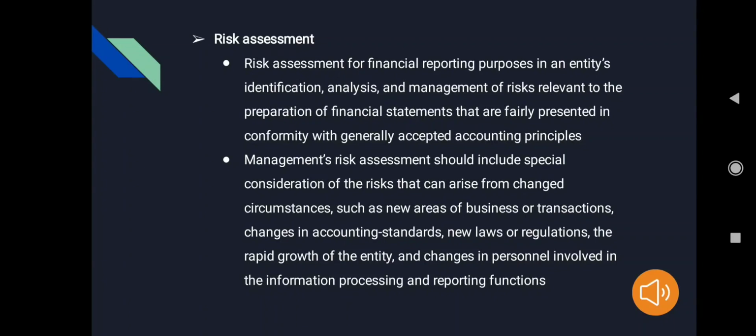Management's risk assessment should include special consideration of the risks that can arise from changes in circumstances, such as new areas of business or transactions, changes in accounting standards, new law or regulation, rapid growth of the entity, and changes in personnel involved in the information processing and reporting function.